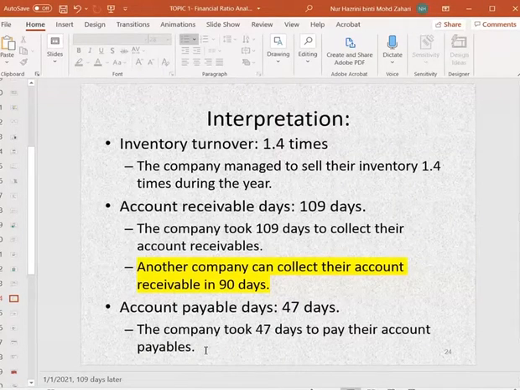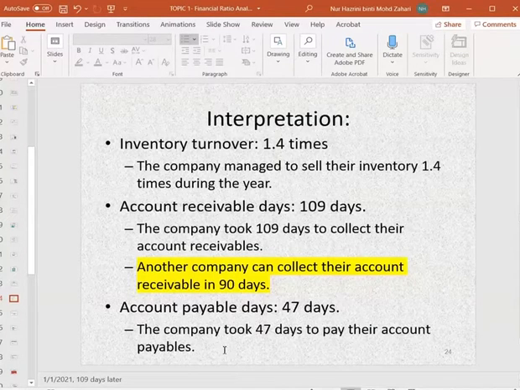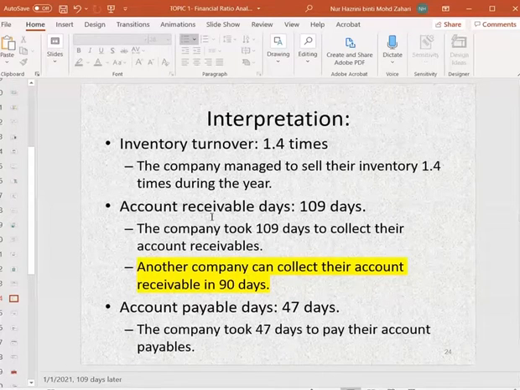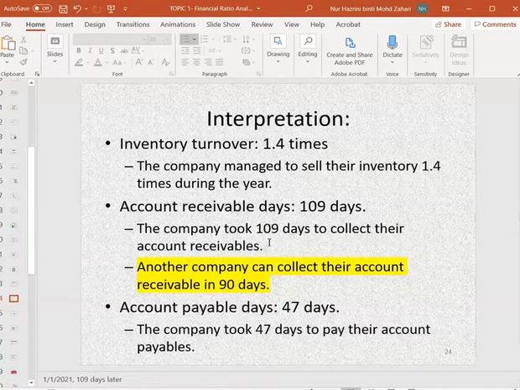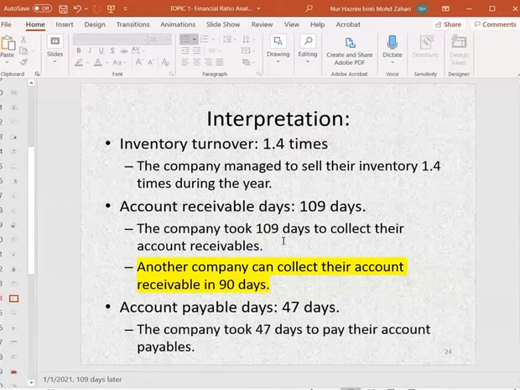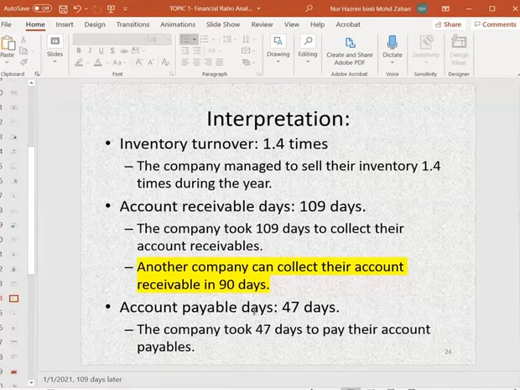So for this one also, the faster the better. It means the lower days the better. Usually, the account payable days depends on account receivable days, because if you can generate cash faster, it means you have available cash to pay back your account payables.